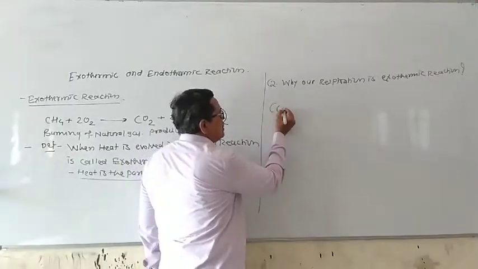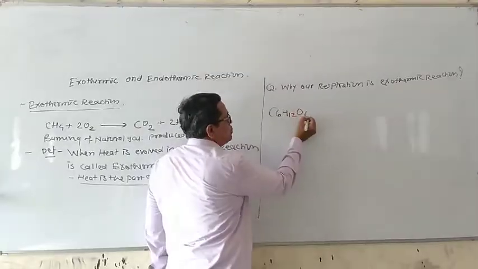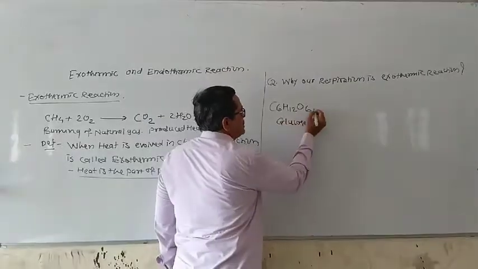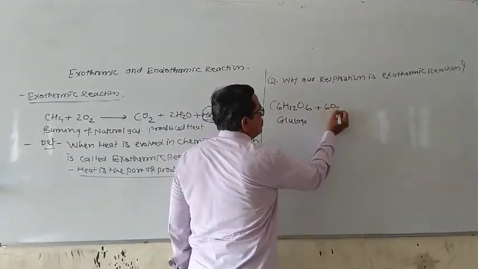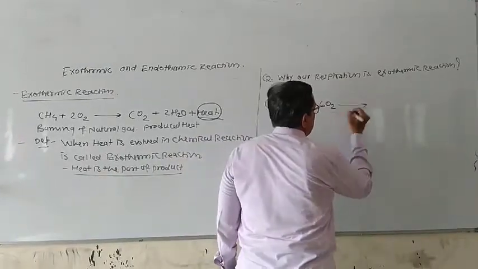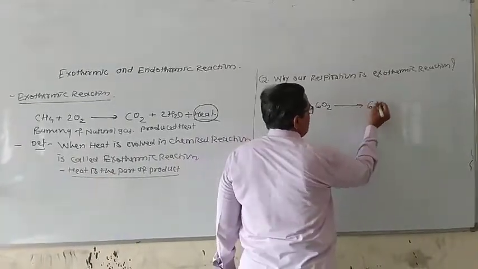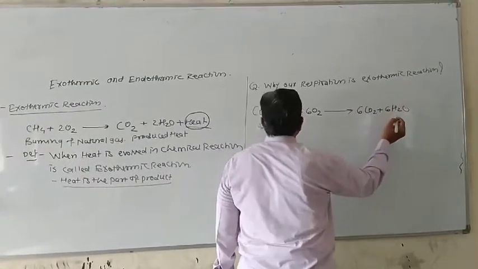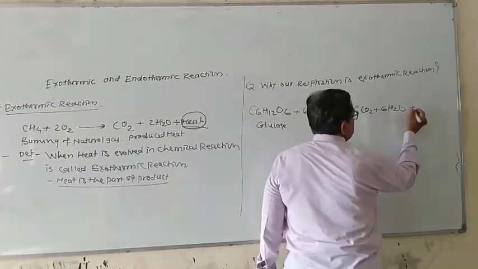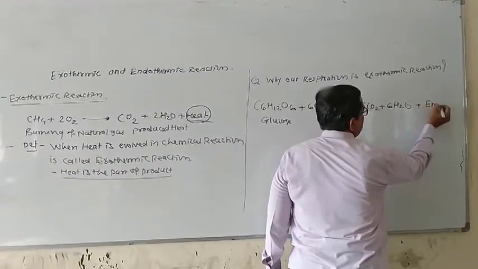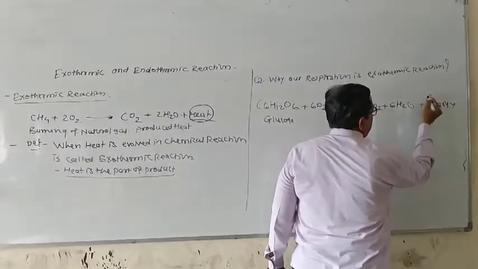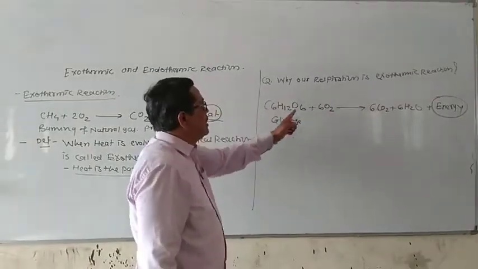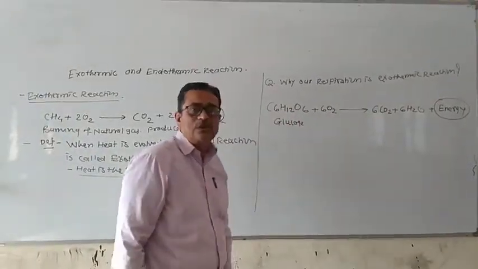For example, C6H12O6, that is glucose, gets oxidized by 6O2 and forms 6CO2 plus 6H2O plus energy. This energy is released during respiration. Hence we call our respiration exothermic.